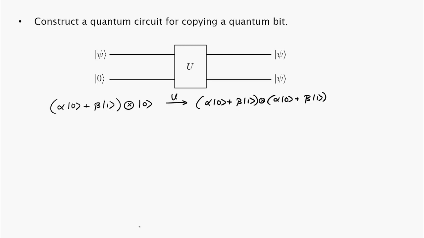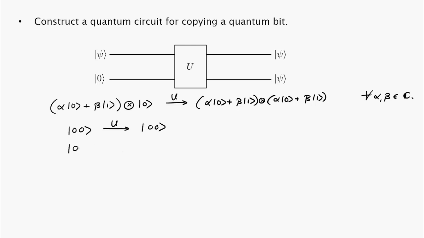Okay, and we want to do this for all alpha beta, suitably normalized, of course. Well, here's the argument. So, of course, if it works for all alpha beta, it must work when alpha equal to 1, beta equal to 0. So 0, 0 must be mapped under U to 0, 0.